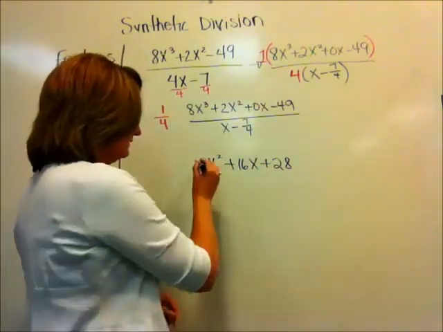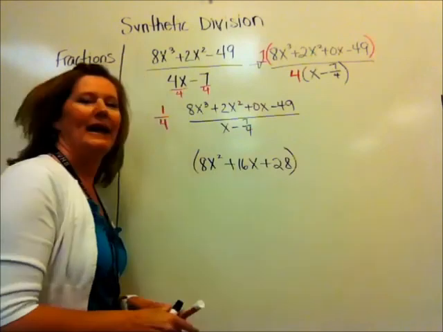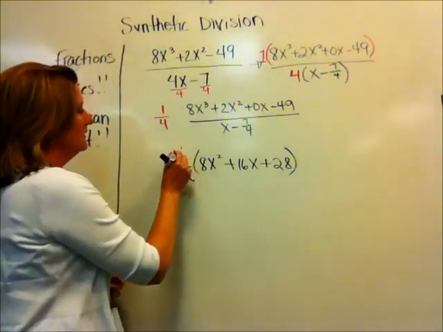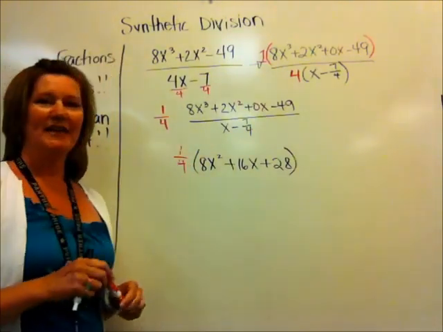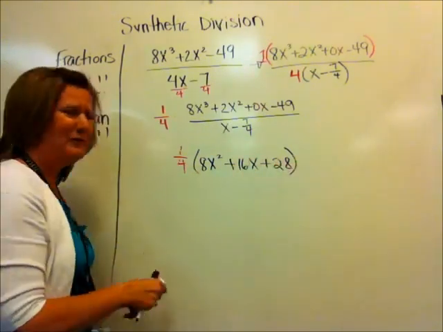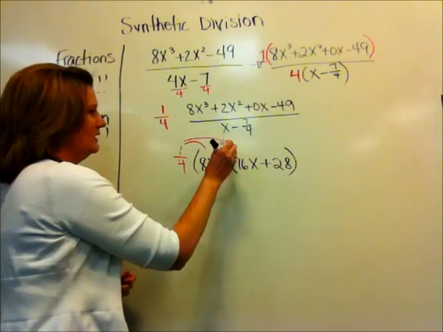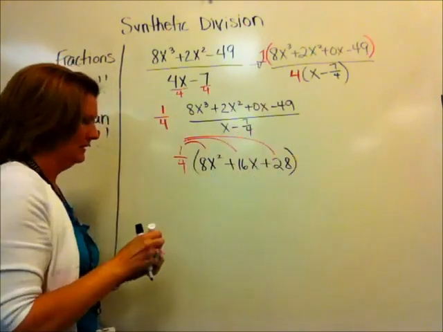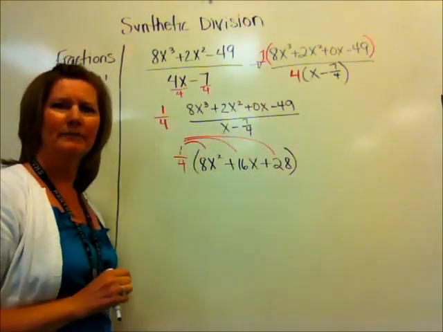Well, what I'm going to do is multiply that guy by my 1/4, and I should have it. Okay, so I'm going to multiply through. I'm going to use the distributive property, remember? So you're going to go through each one. It's the distributive property.